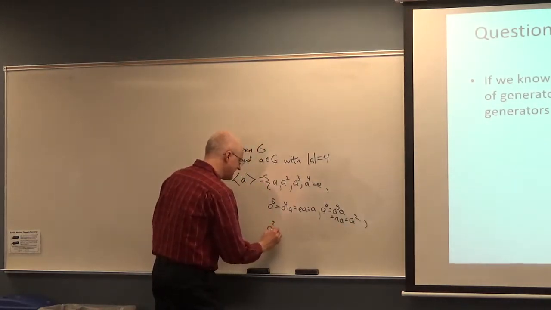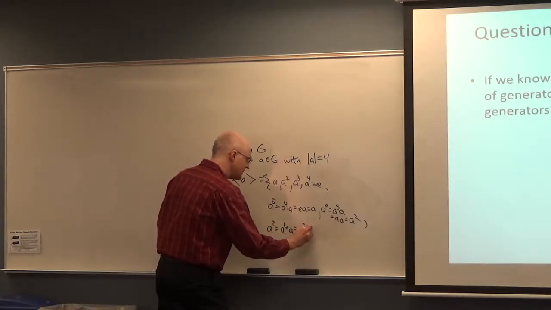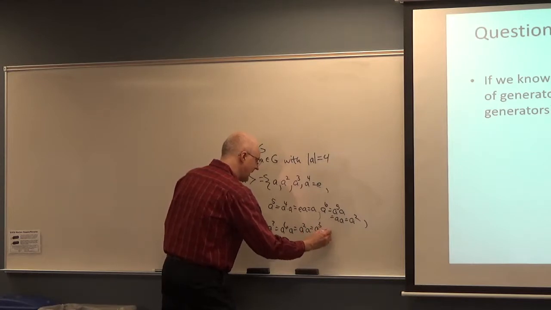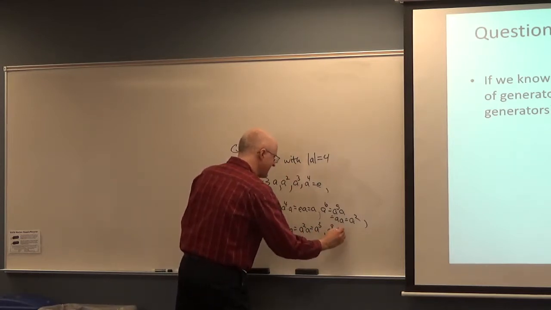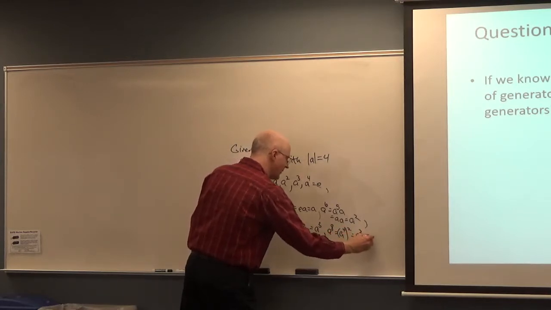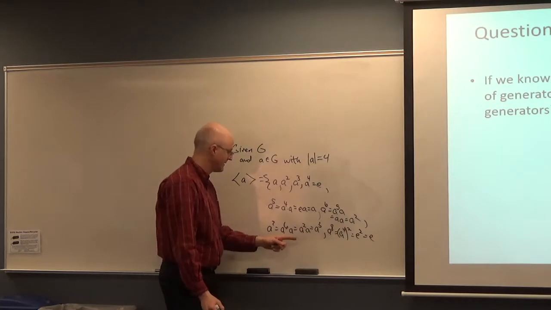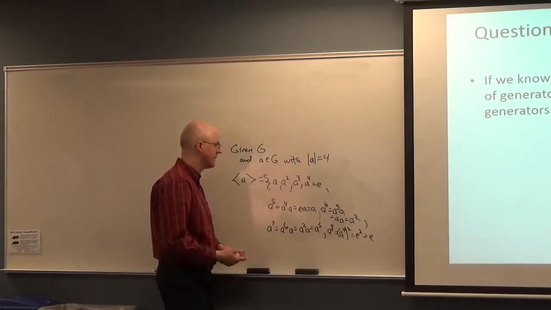A to the 7th is A to the 6th times A, which is A squared times A, which is A cubed. A to the 8th is, if you want to think of it as A to the 4th squared, then it's E squared, which is E. Or you could do A to the 7th times A, which would be A cubed times A, which is also E.